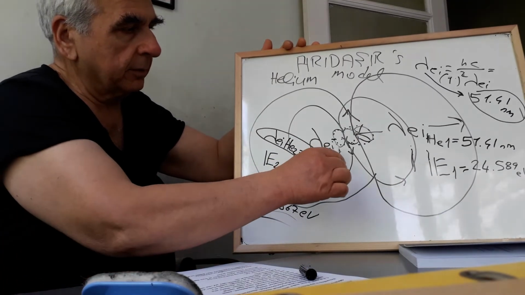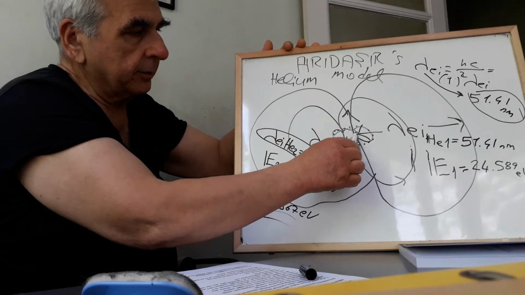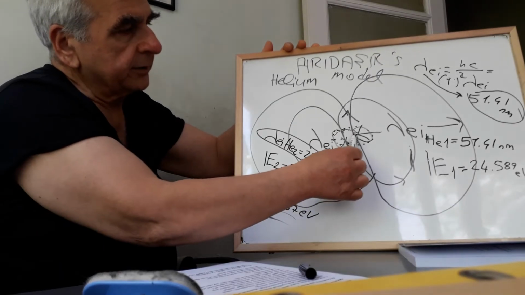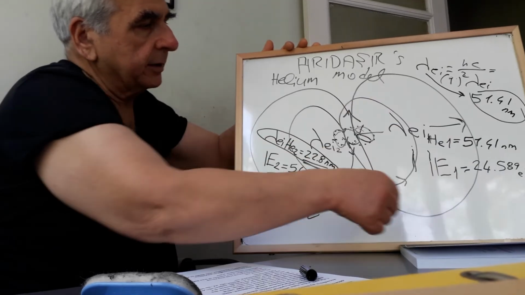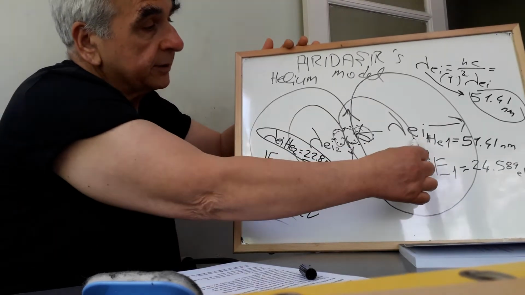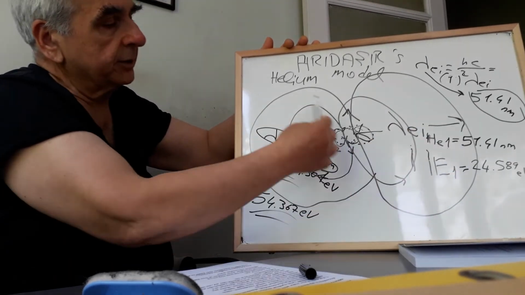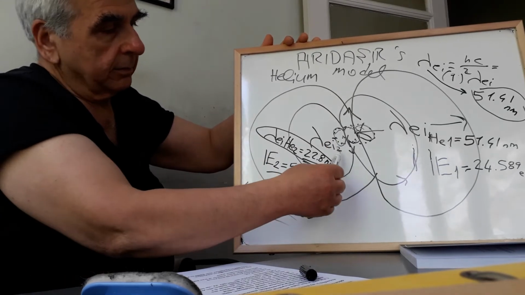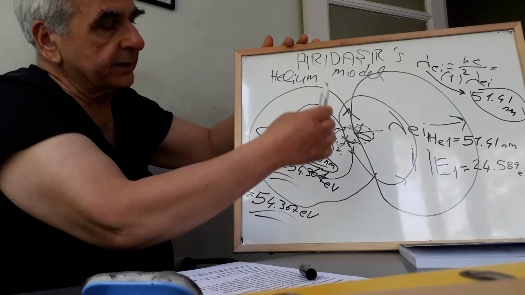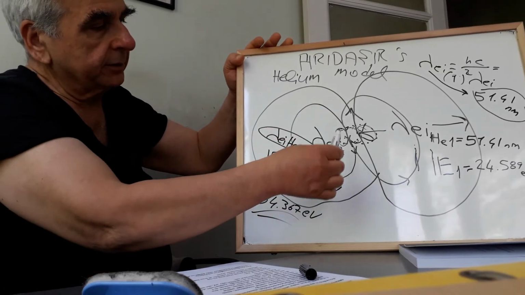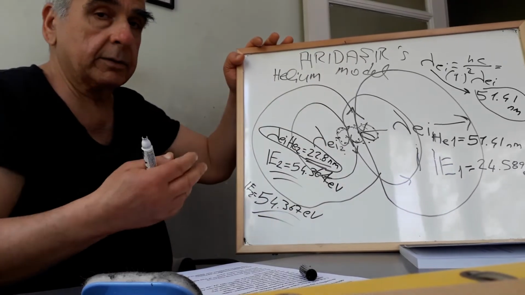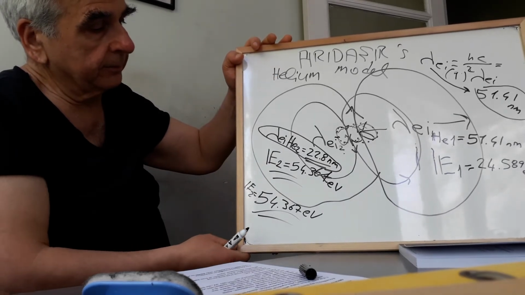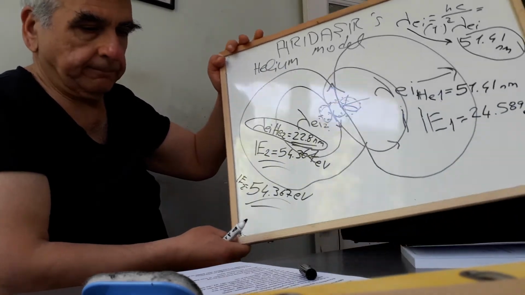This is the model. One proton, first electron. Then second proton, second electron. But bigger, we say first electron. Smaller, last electron. Smallest, last electron. Okay, here second for helium. It has 2 proton and 2 electron. Okay.